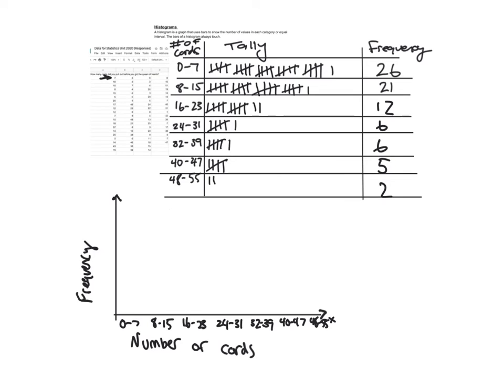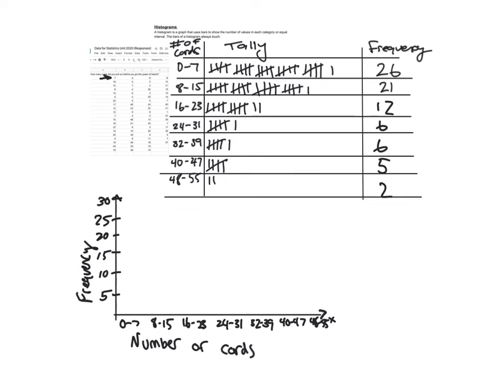So for the frequency, we need to go all the way up to 26. So let's count up by 5s. All right. So 5, 10, 15, 20, 25, 30.